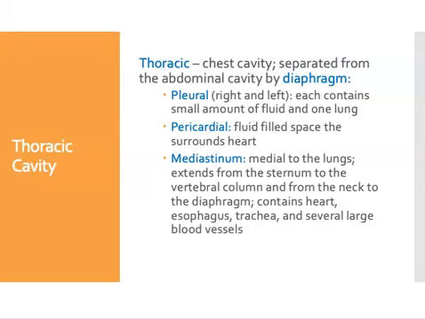The mediastinum is the cavity that lies medial to the lungs. It extends from the sternum to the vertebral column and from the neck down to the diaphragm. Inside the mediastinum, you'll find the heart, the esophagus, the trachea, and several of the large major blood vessels.